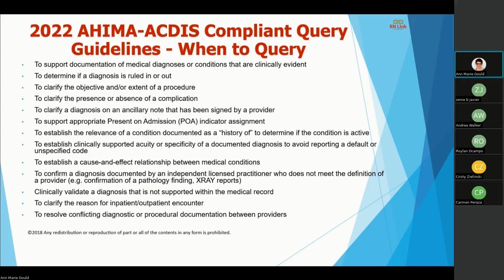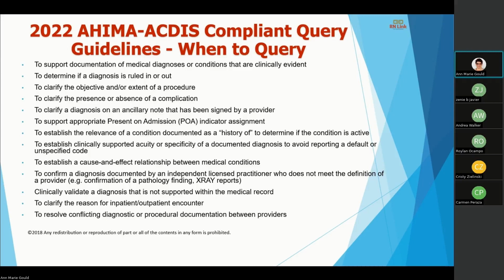residential care facilities. You also want to establish the relevance of a condition documented as a history of to determine if that condition is active. Say they have a history of AFib. Okay. Well, are they still getting Plavix? Are they getting any type of anticoagulation? Are they getting something else done?